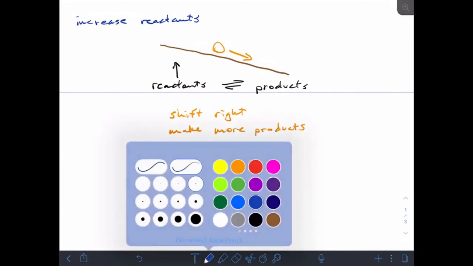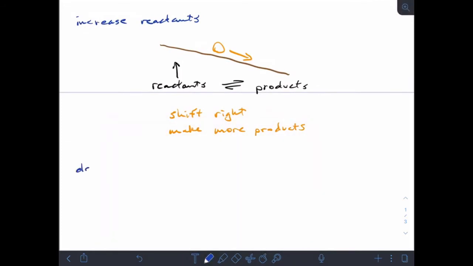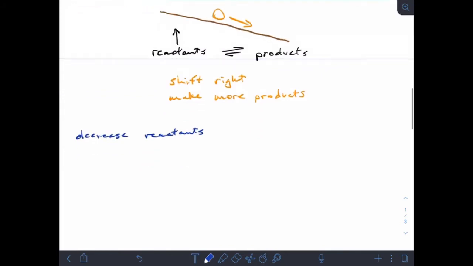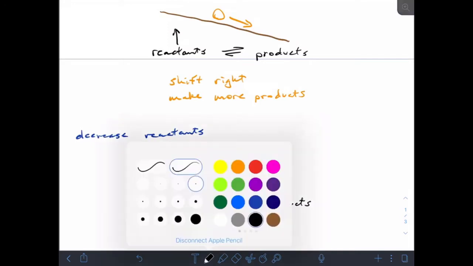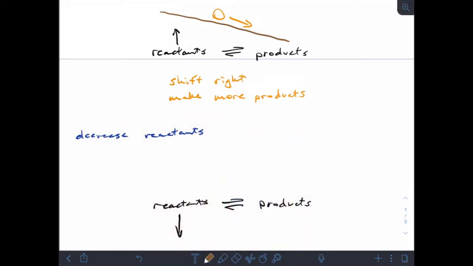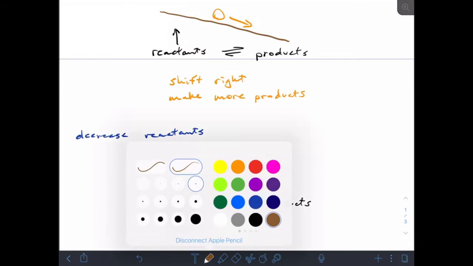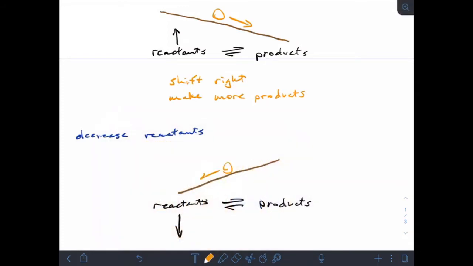So what happens if, instead of increasing reactants, I decrease reactants? Let's say I take some reactants away. What I'm going to do is pull down on this side of the equation, and so that tilts my plank in the other direction, and my ball still rolls downhill.